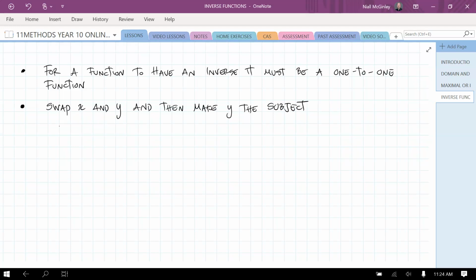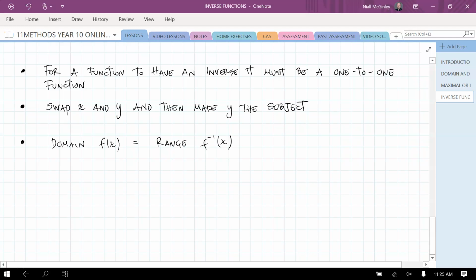If how we find an inverse function is we swap the x and the y values around, then it should make sense that the domain and the range are going to swap. Your domain of your original function, because that's your x values on your original function, will become the range of your inverse function, because that's what happens when you swap the x and the y.